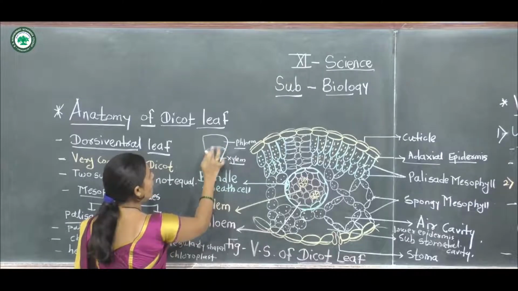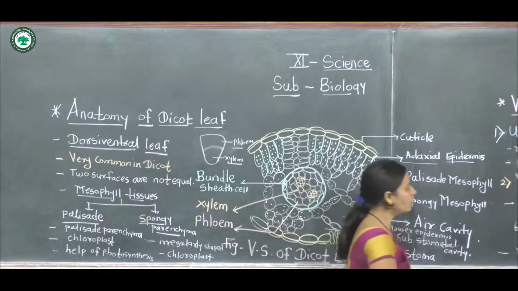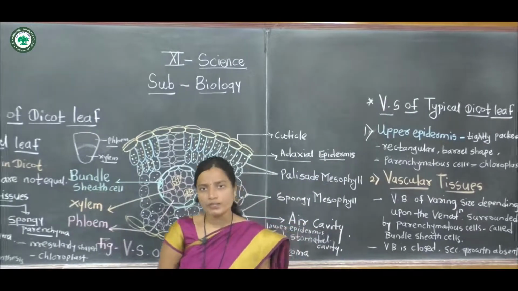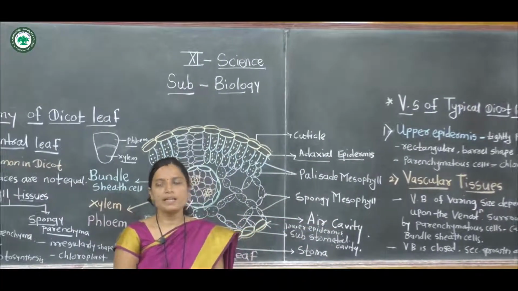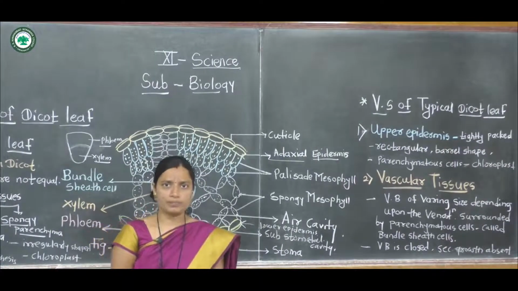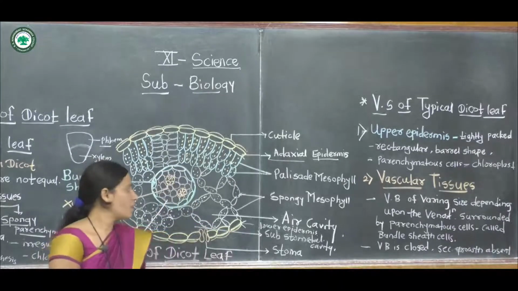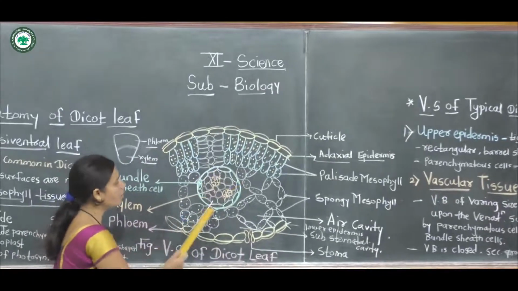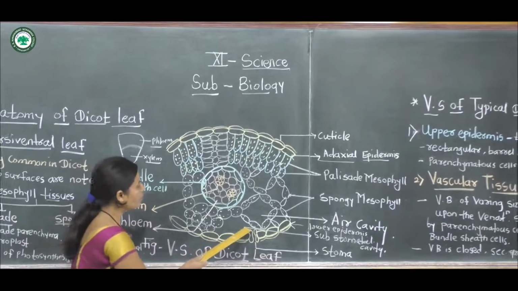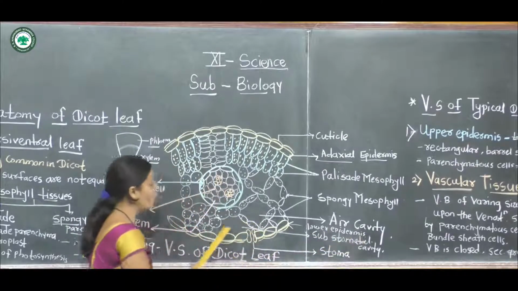That's why this vascular bundle is closed. The vascular bundle of the dicot leaf is closed because the cambium is absent, and secondary growth is absent in dicot leaves because the cambium layer is absent.